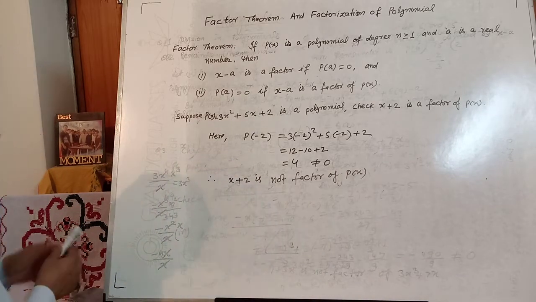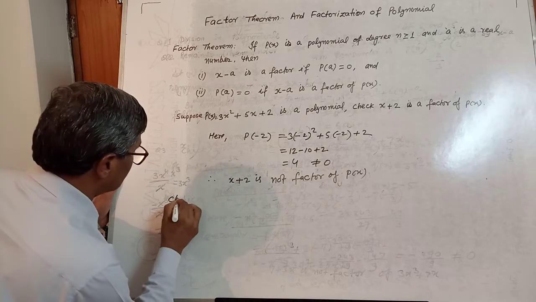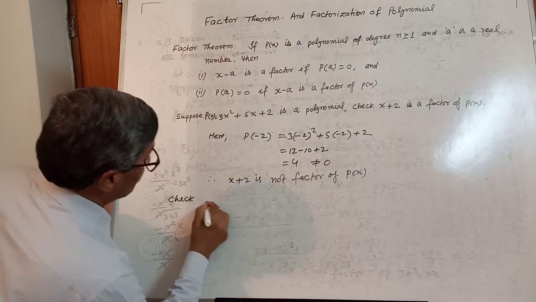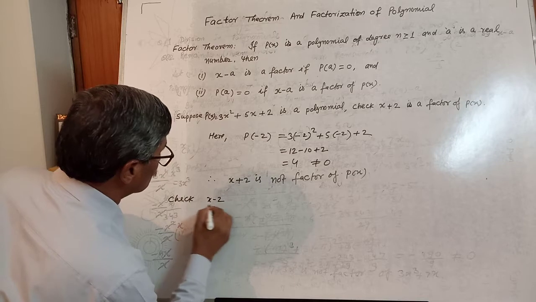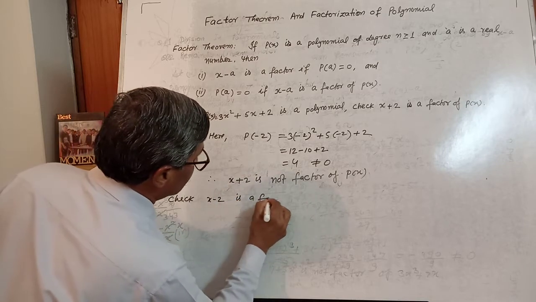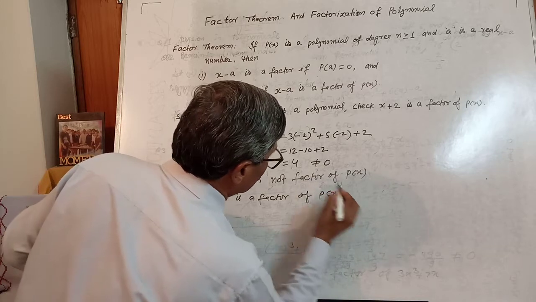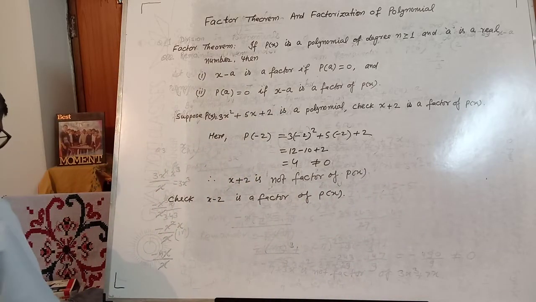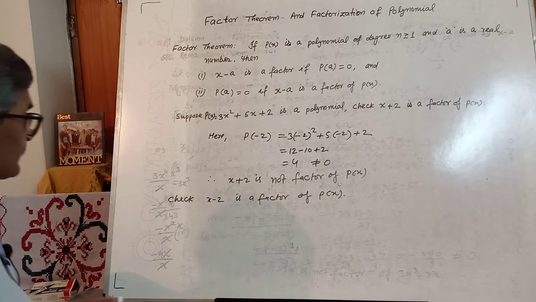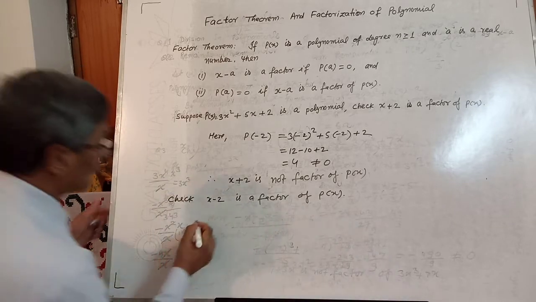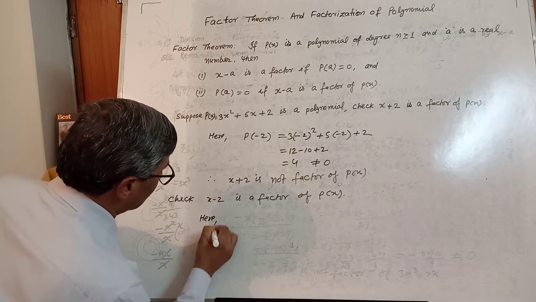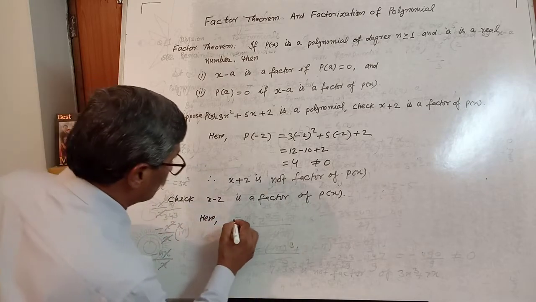Another polynomial, check whether x minus 2 is a factor of p(x). Here again we will find out. The zero is 2, so p(2).